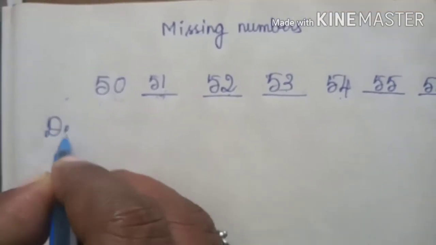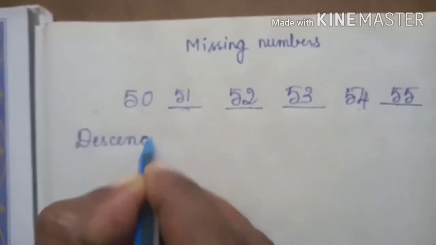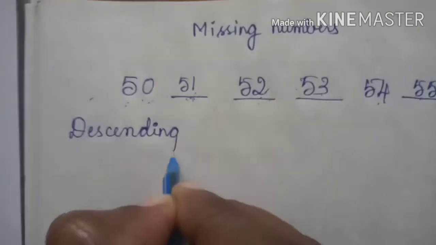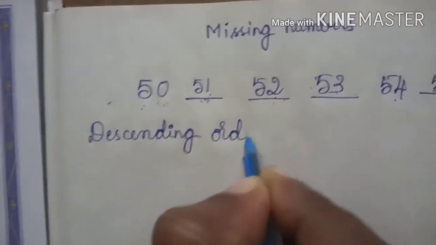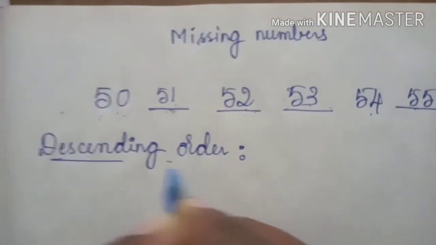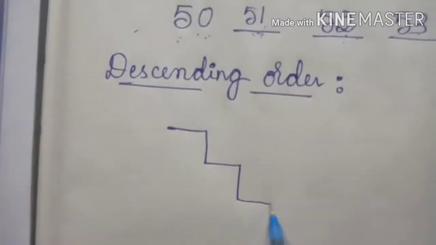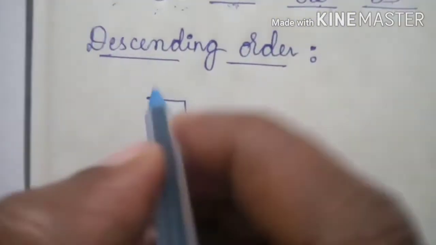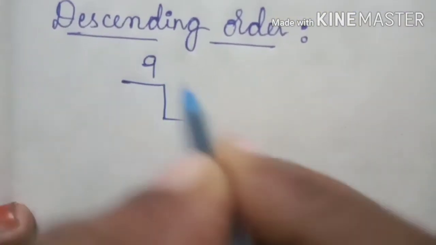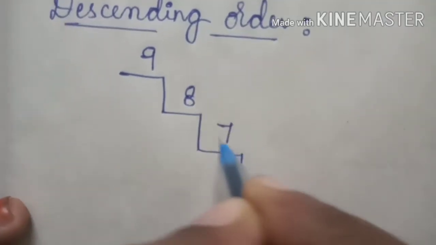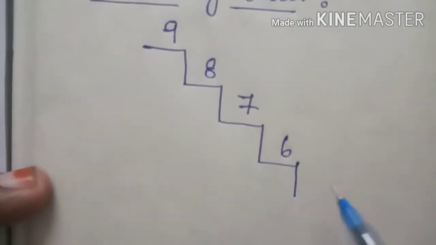I'll make you learn descending order. Descending order means arranging the numbers from biggest to smallest. For example, here 9, 8, 7, 6.